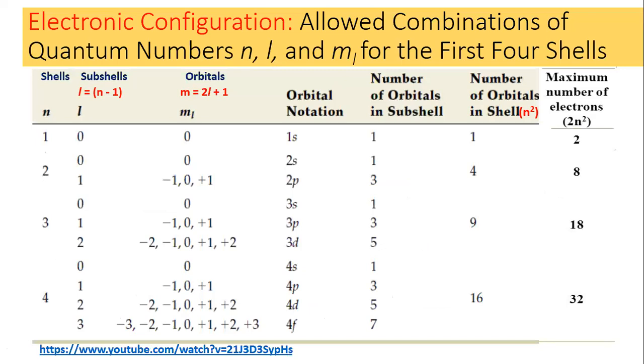I'm just going to show you this as a reference, to remind you about the electronic configuration. Basically there are four quantum numbers. One is the principal quantum number, which tells us about the shells. Then the angular quantum number, which tells us about the subshells. Then the magnetic quantum number, which describes the number of orbitals, and the subshell defines the shape of the orbitals.